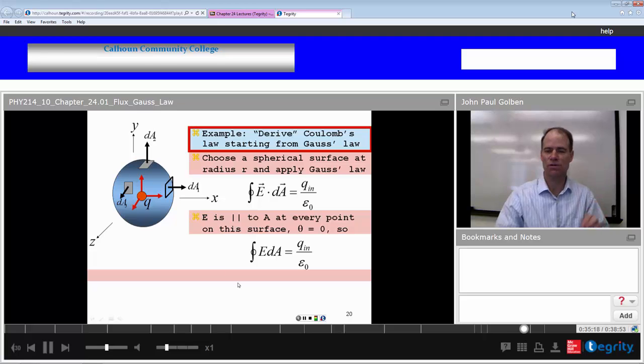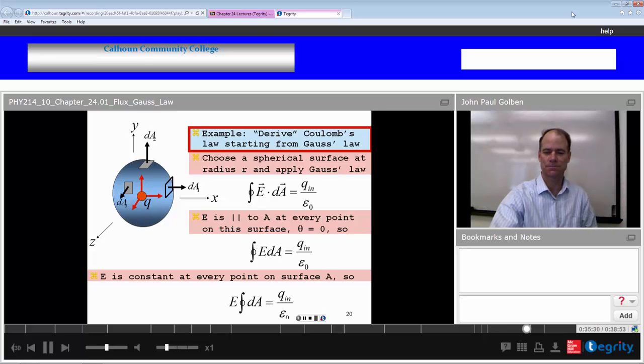That's important because that means I now have a constant inside the integral, which is the E field. And if I have a constant in the integral, I can take it out of the integral. So that's what we're going to do. We pull our constant out, and now we have the E field times the integral of dA over the surface equal to the charge enclosed over epsilon naught.